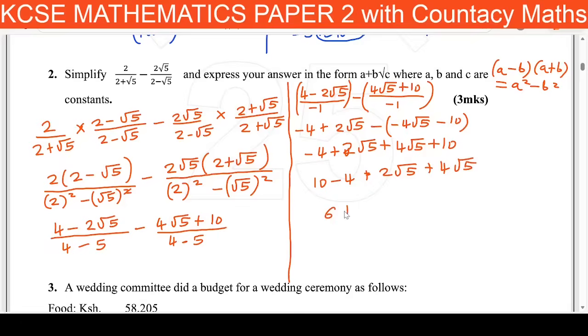We have this plus, and then we have 4 plus 2, that's 6 root 5. Let's go back to the question. Simplify that and express your answer in the form of A plus B root C. And actually, this is exactly what we've done. And that is the required solution for that question. And that is how you are really supposed to tackle that.